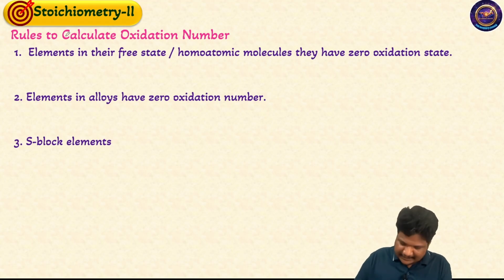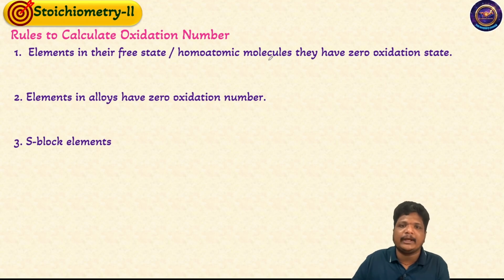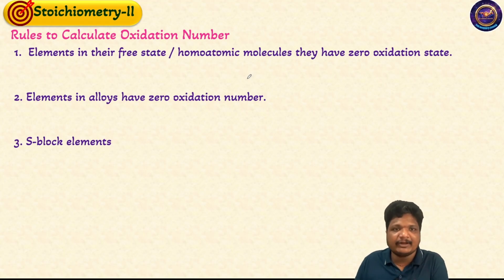The first rule is that elements in their free state or homoatomic molecules have zero oxidation state. What does it mean? Elements in the free state or homoatomic molecules have zero oxidation number.